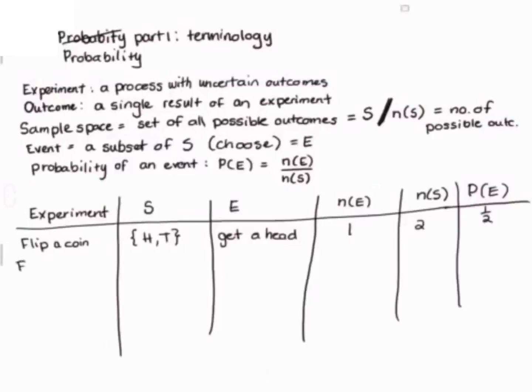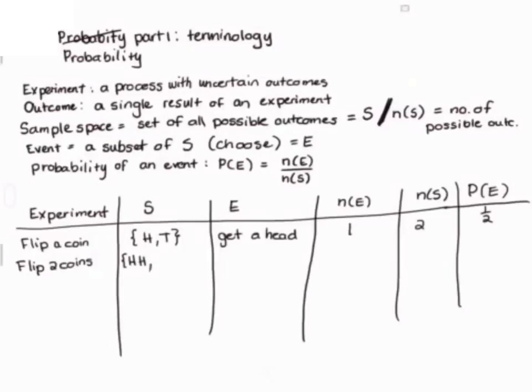What if I flip 2 coins? Now I have to think of it in order. Even though we don't flip them both at once, you're going to flip one and then you're going to flip another one. So my sample space is they could both have been heads.